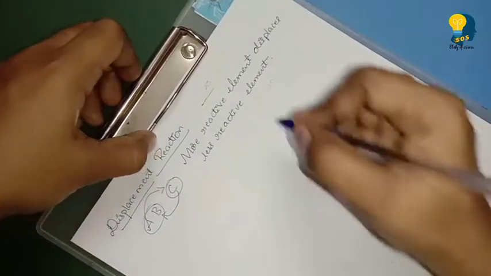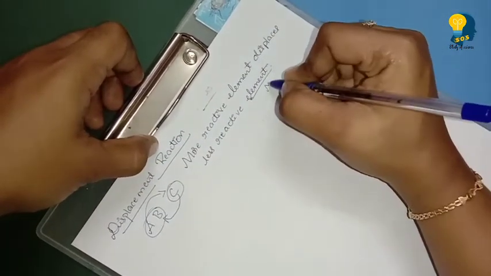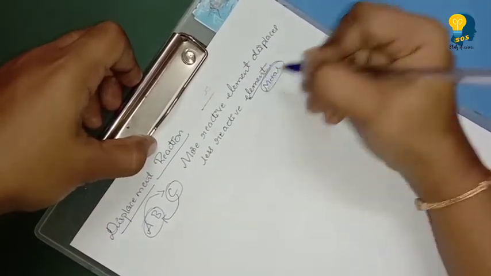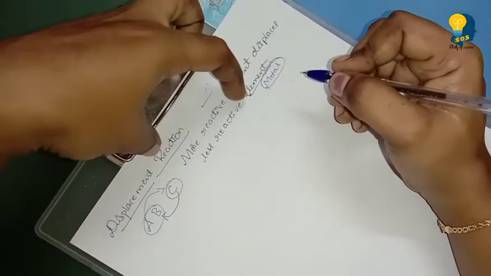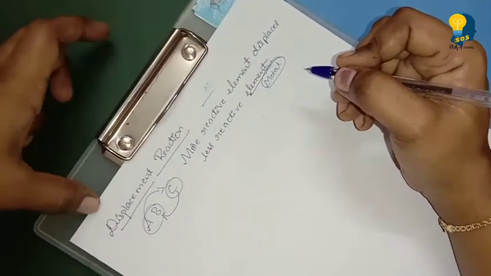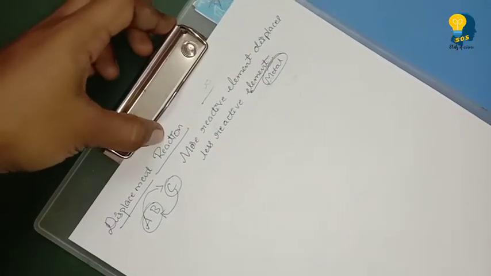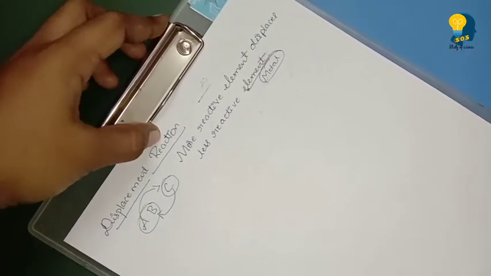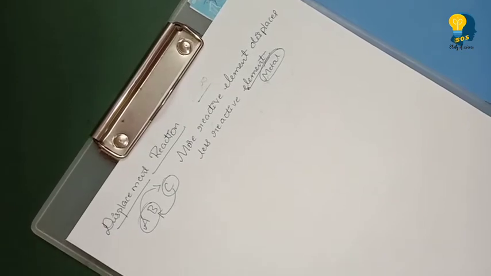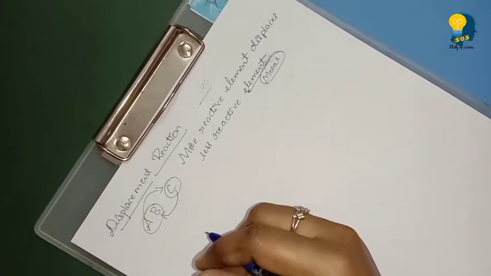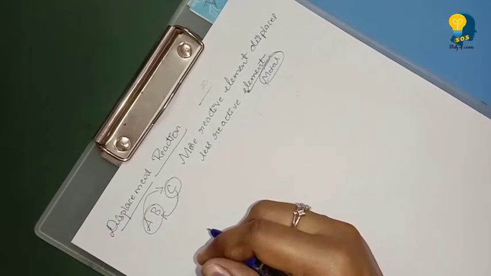Okay, that's all. You can also write a metal in this place. More reactive metal displaces less reactive metal. This is called a displacement reaction. So now I will teach you a few examples. Very easy. As I told you, it depends upon which metal is more reactive and which is less reactive, it displaces.